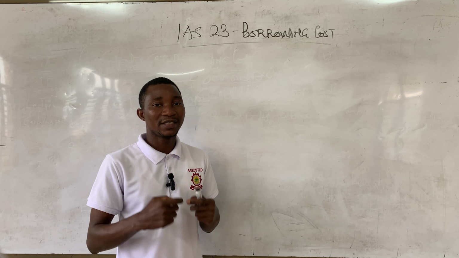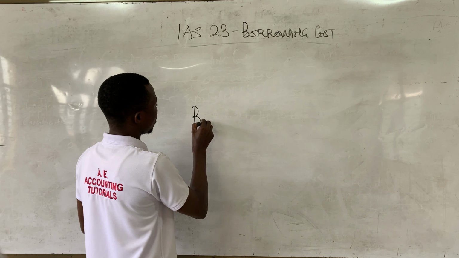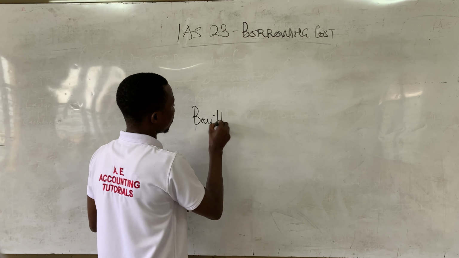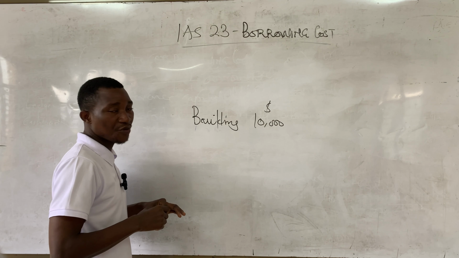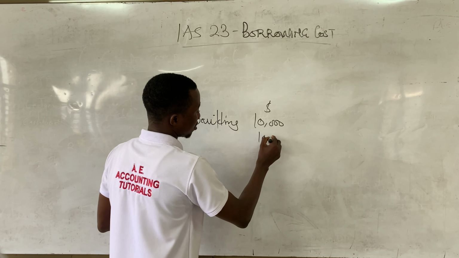For instance, when a business goes in for a loan to put up or construct a building, of an amount of $10,000, and the interest per annum is 1,000, that is 10% interest.